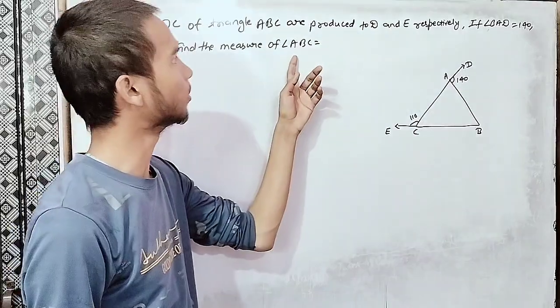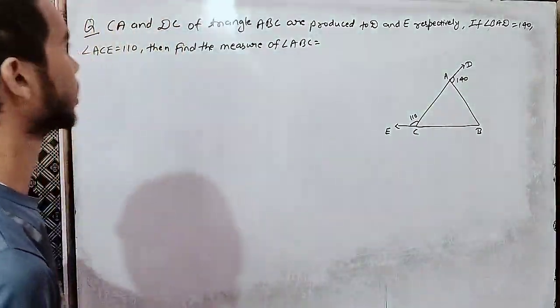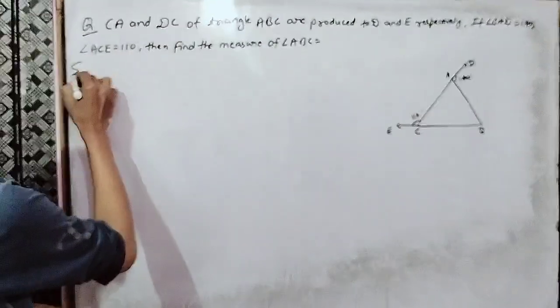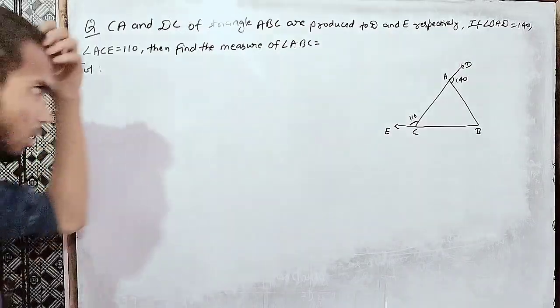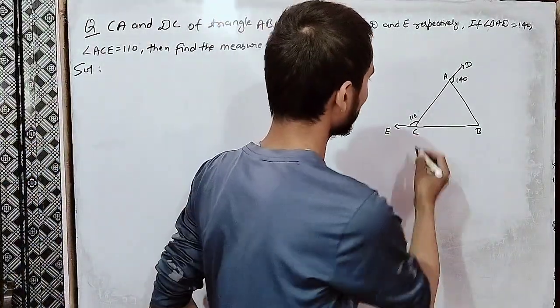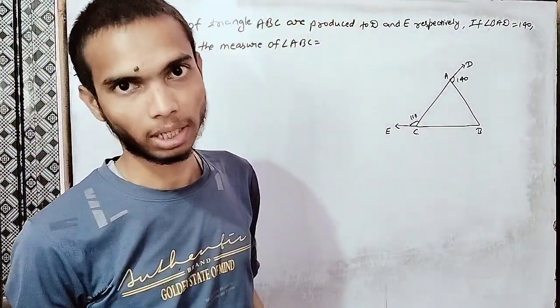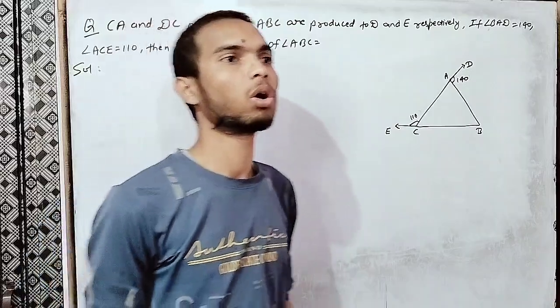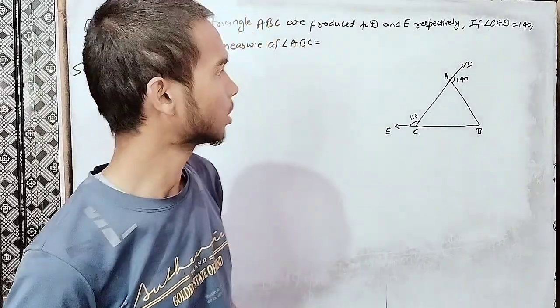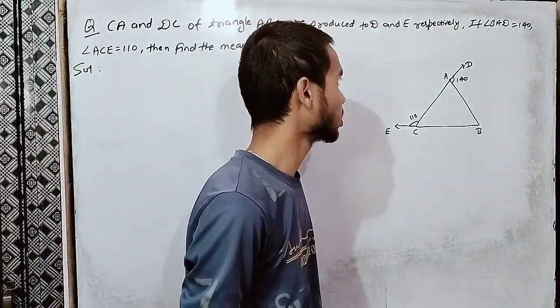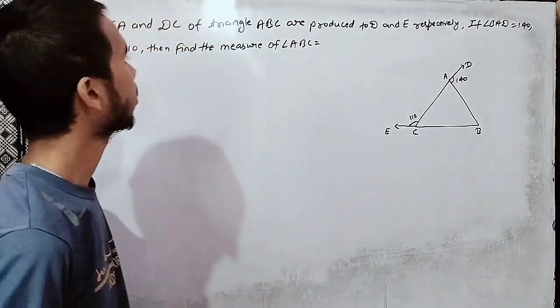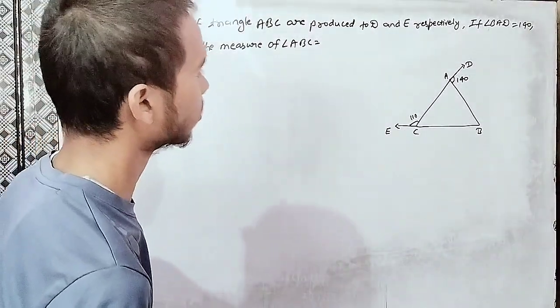We have to find the value of angle B. Here we have an exterior angle. We have exterior angles of a triangle.